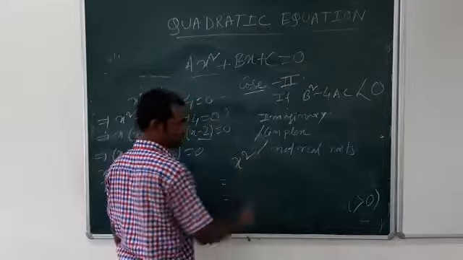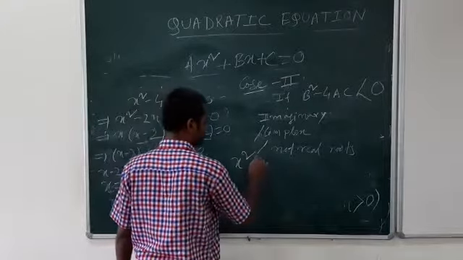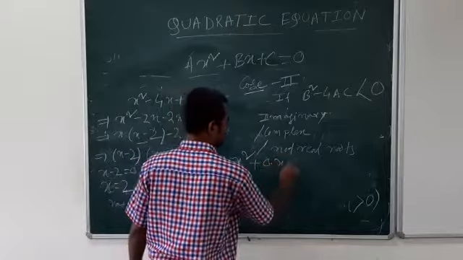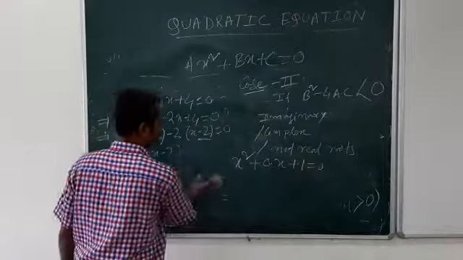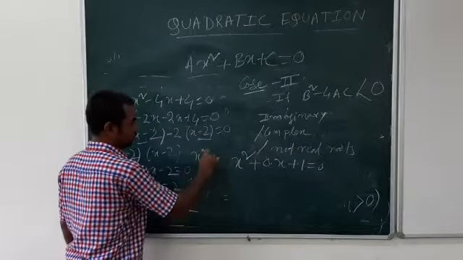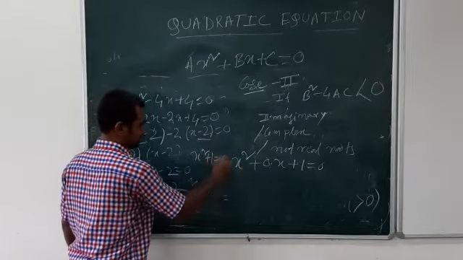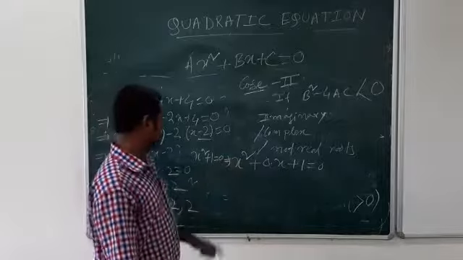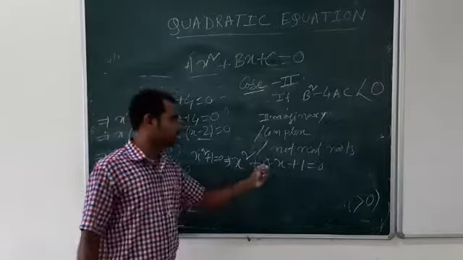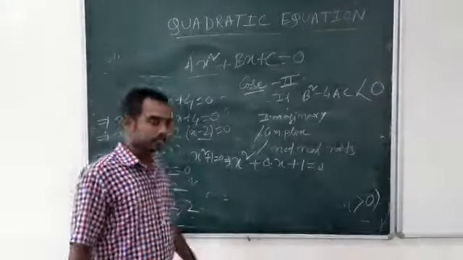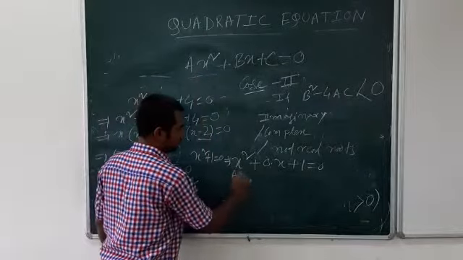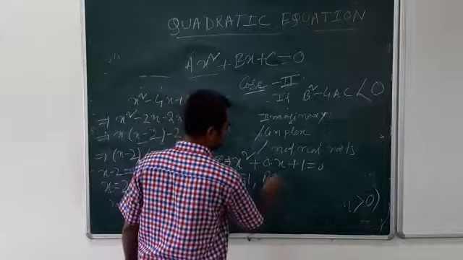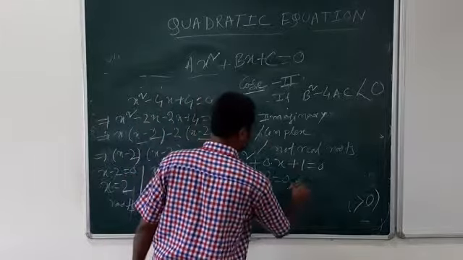Example: x square plus 0x plus 1 equal to 0. It is one equation. x square plus 1 equal to 0. We can write it this way. The middle part is vanished, so we can write 0 into x. Comparing with the standard form, a equal to 1, b is equal to 0, and c is equal to 1.